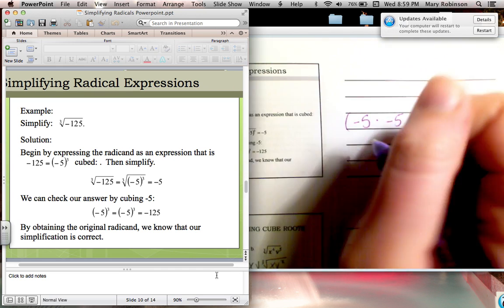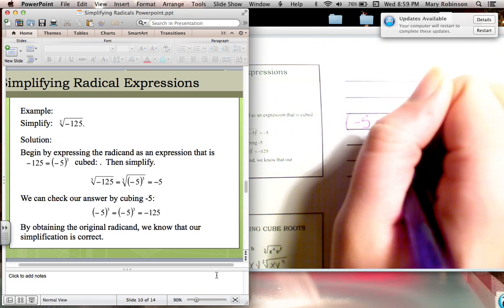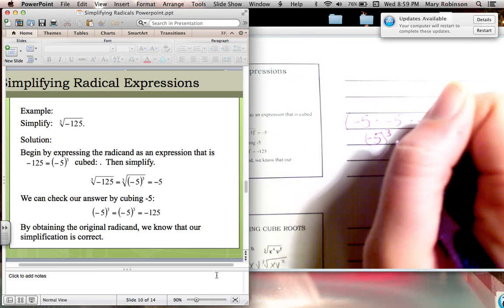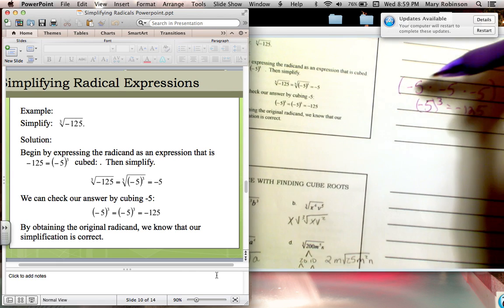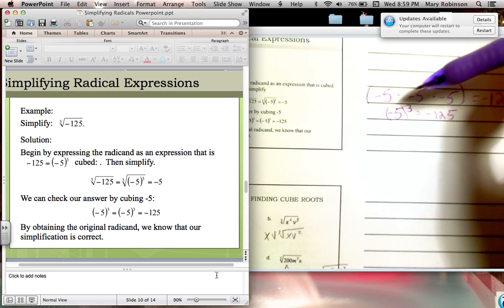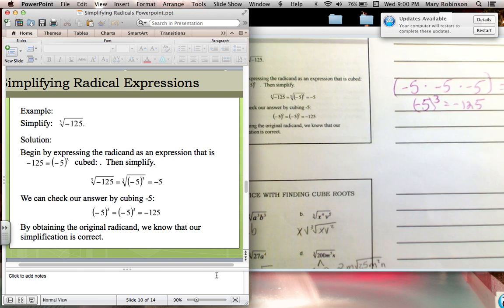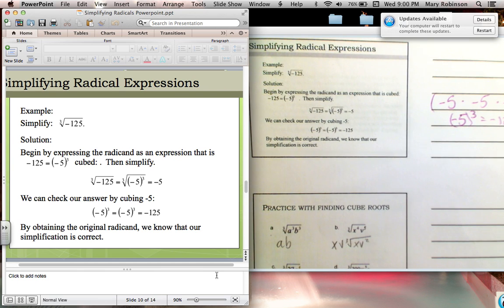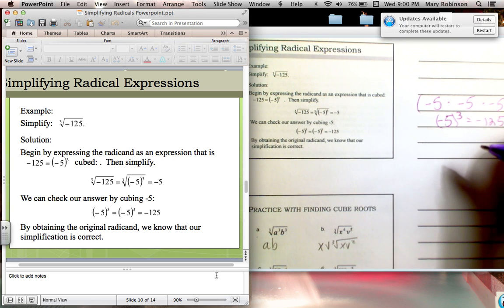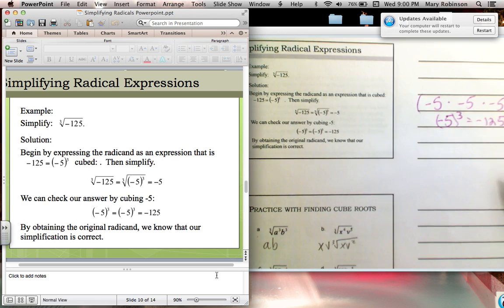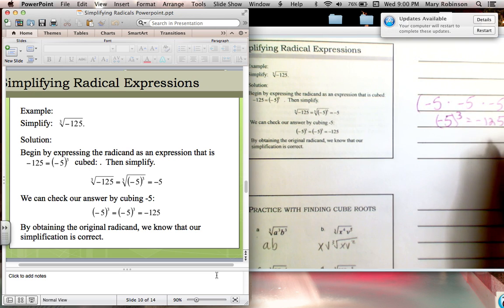So this would be negative 5 to the 3rd power equals negative 125. Because when you do a negative times a negative, that's a positive, but when you times it by another negative, it makes it negative again. You can check it in your calculator and make sure that negative 5 cubed is negative 125, and that makes it the cube root.